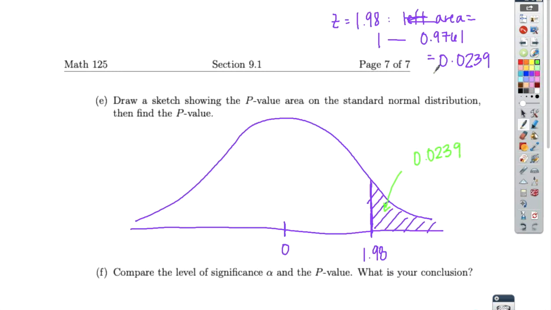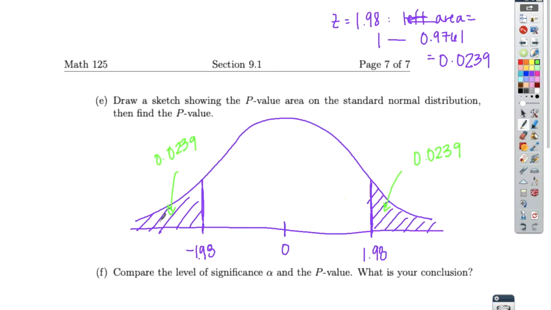Okay, now there's really not any more area work to be done because remember, everything on the standard normal is symmetric. That's one of the reasons that we like it. So that tells me if I just mirror this whole thing, even this 1.98 value, on the other side, so negative 1.98, just flip it right over. The left tail area on this side is also 0.0239.